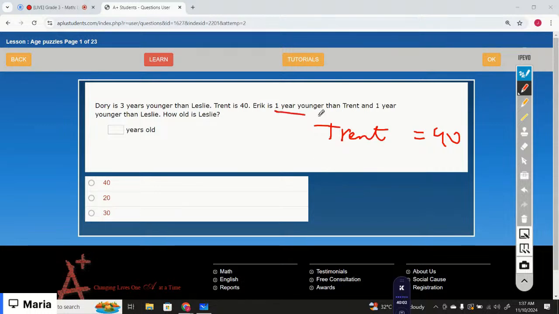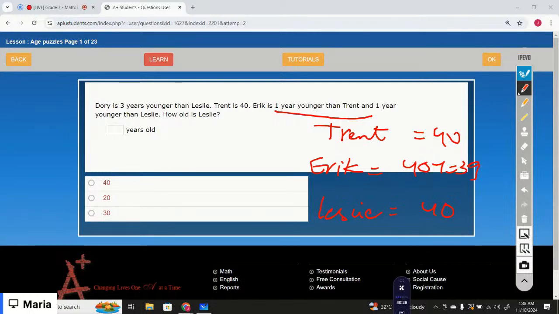Eric is 1 year younger than Trent. That means Eric is 40 minus 1, that is 39 years. Got it? And 1 year younger than Leslie. So Eric is 1 year younger than Leslie. 1 year younger means you need to add 1 to the age of Eric. 39 plus 1, that is again 40.